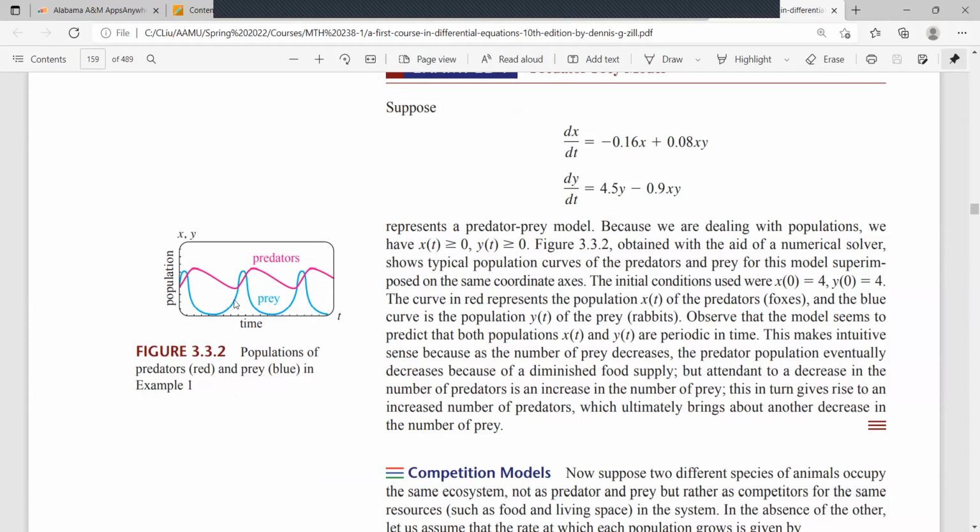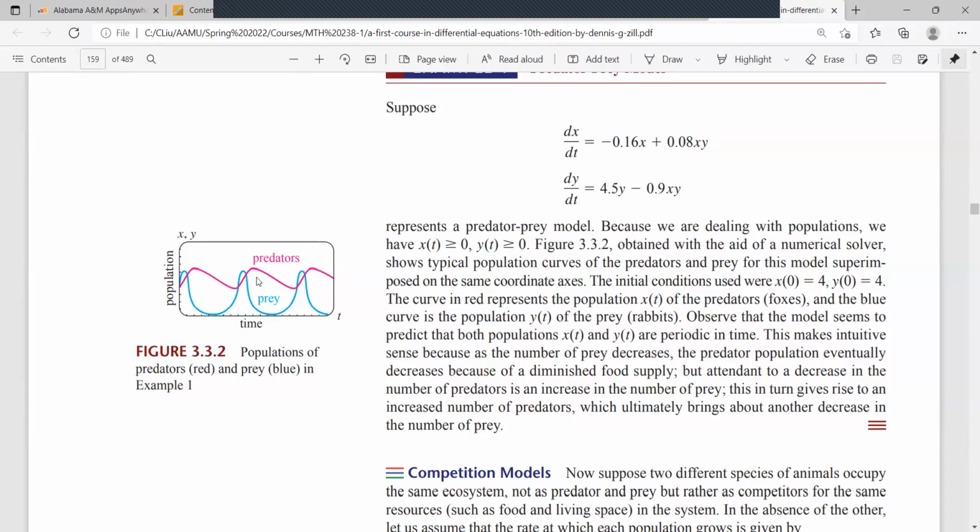So the population of the rabbits increases, and because of that, that provides more food for the foxes. So the population of foxes also increases after some time delay, and because of that, they will consume more rabbits. So the population of rabbits will decrease again.